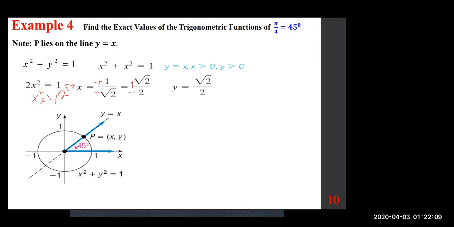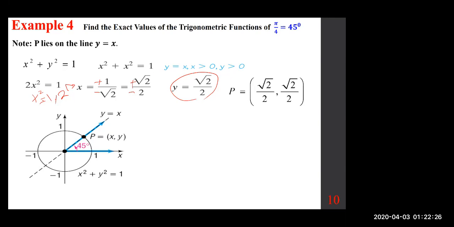Normally we rationalize it, but that's not really the point here. But we keep the positive only. So if y is square root of 2 over 2, so is x. X represents the cosine, y represents the sine. Both of them are square root of 2 over 2.